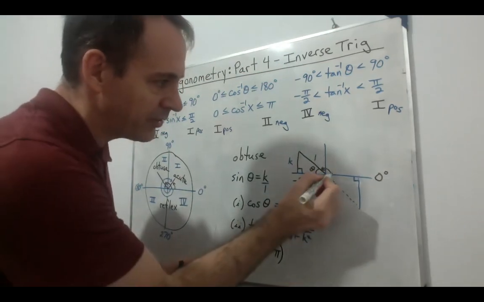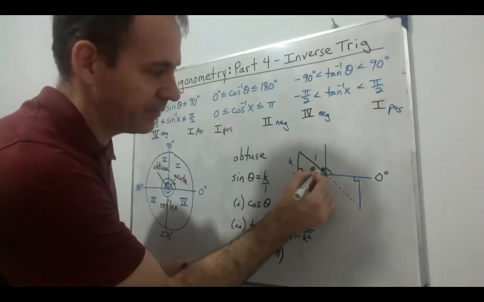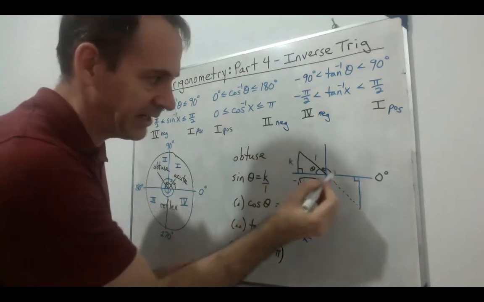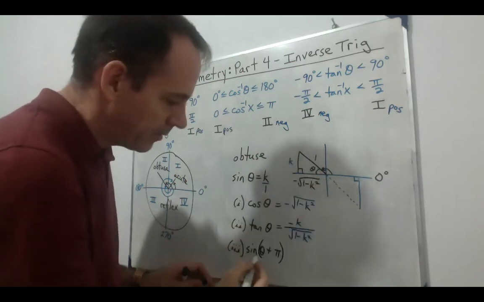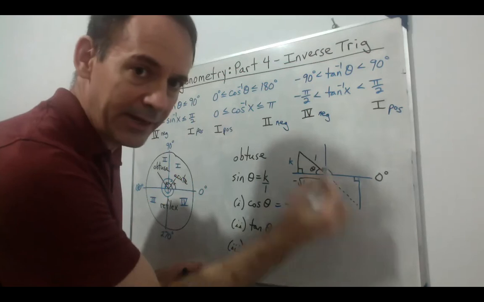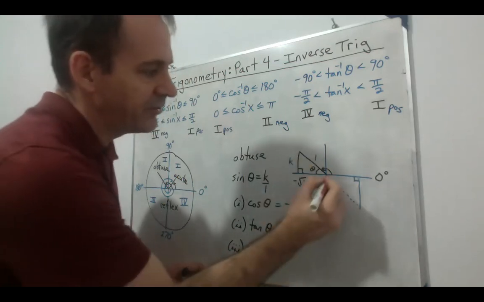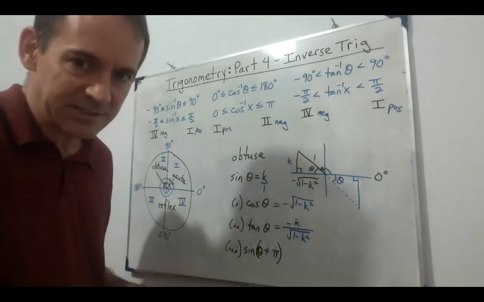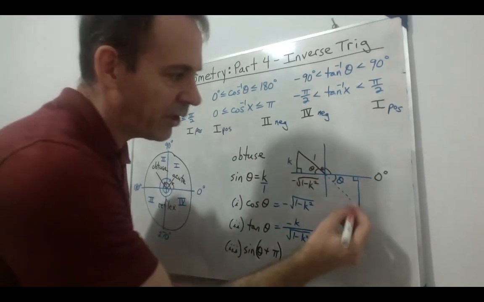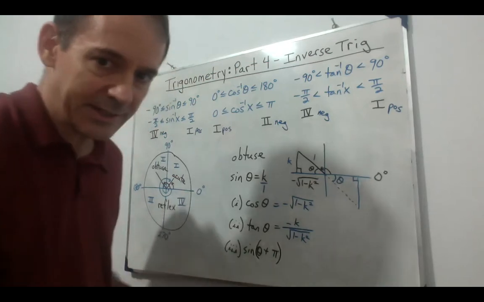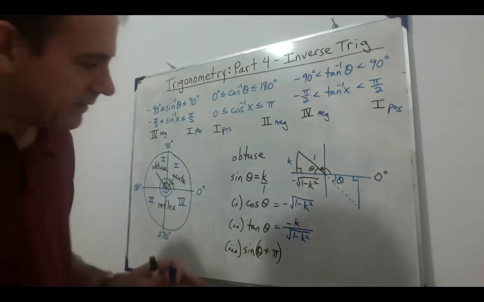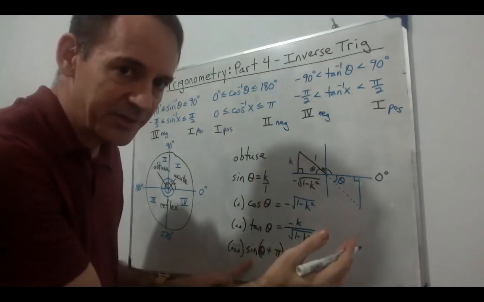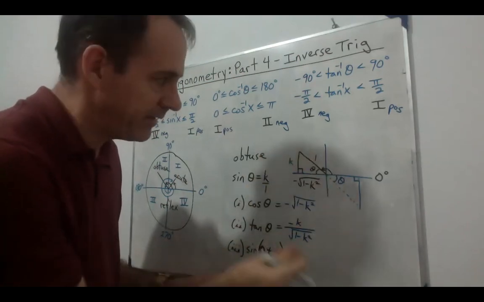Okay, so here was our original theta, the obtuse angle. This is the reference angle that helps us figure out the side. But the original angle plus another pi, or another 180 degrees. So now we're facing over here, and my reference angle is inside the triangle. So notice, always make your triangle to the nearest x-axis. So now sine, these sides will be exactly the same. All it does is flip down.